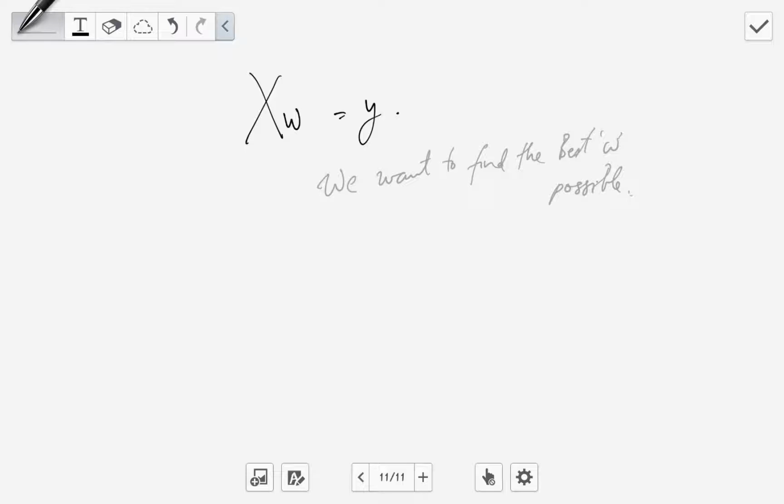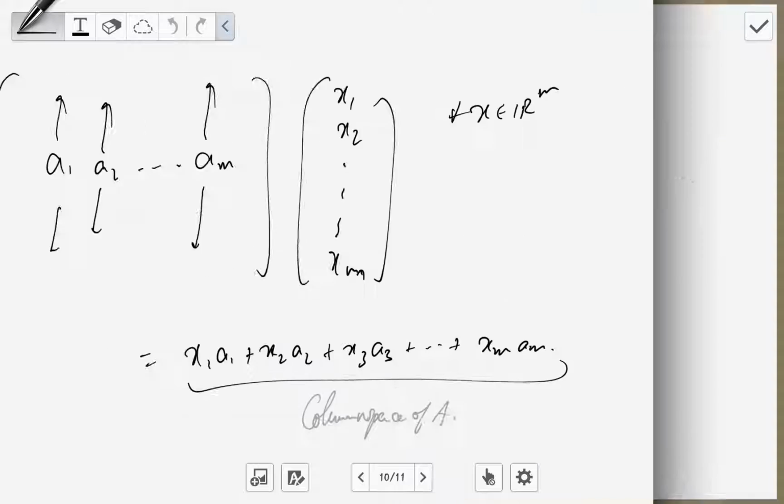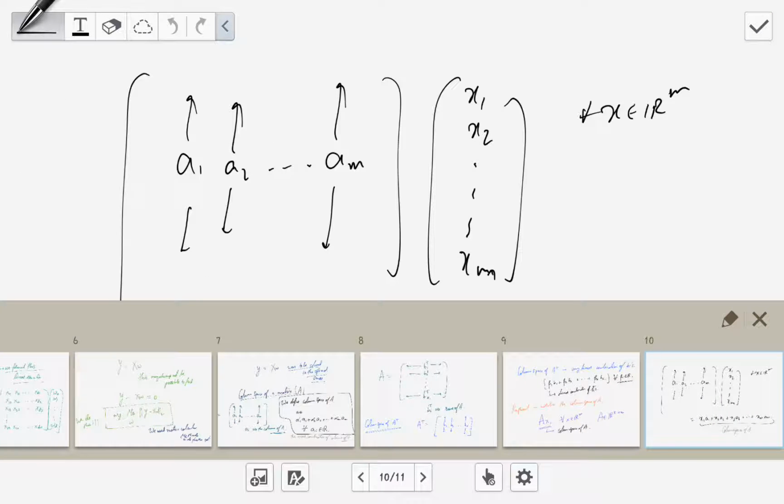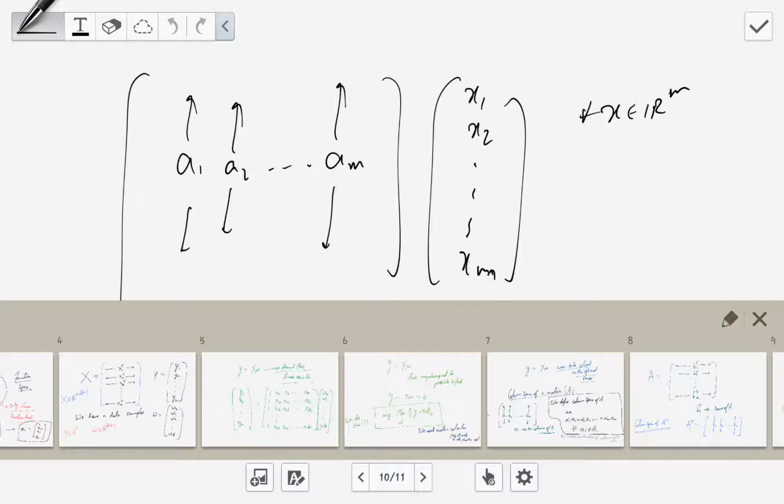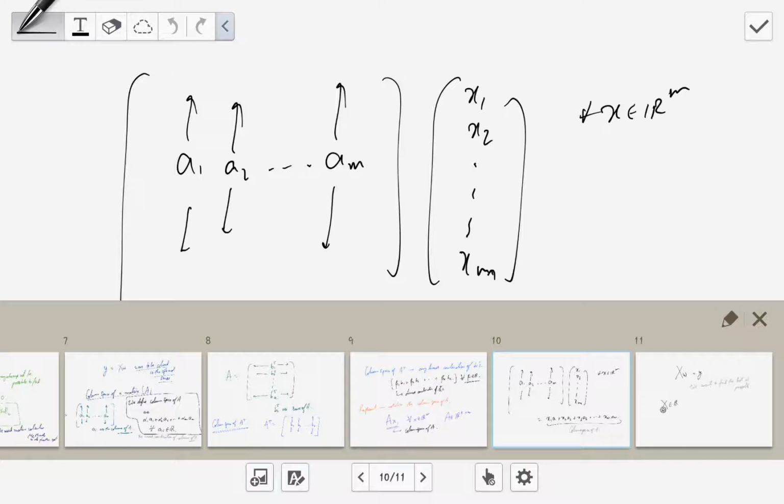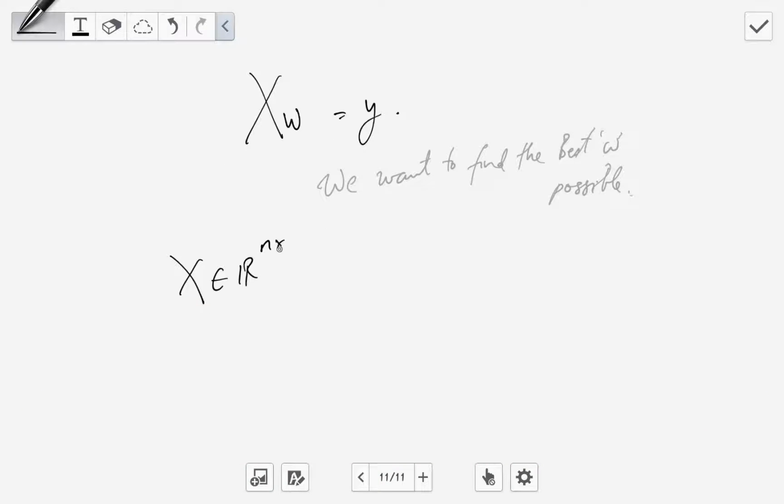Now in doing all this, we are assuming one thing: this capital X belongs to R n cross d plus 1, and W belongs to R d plus 1.